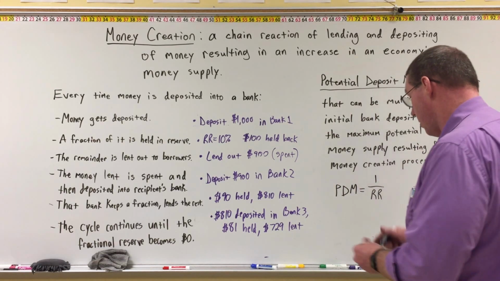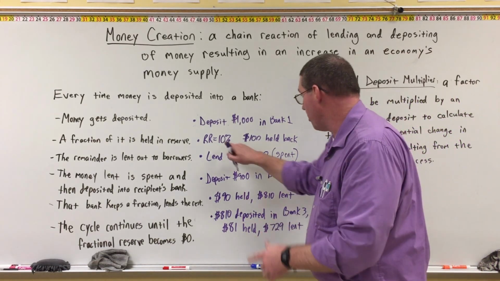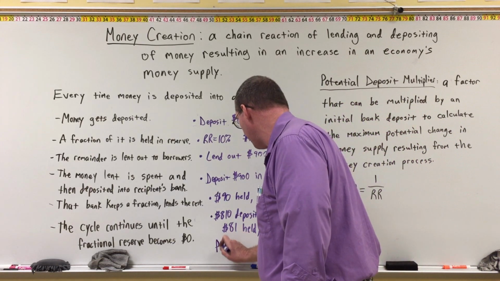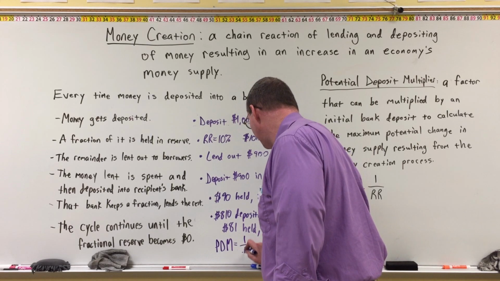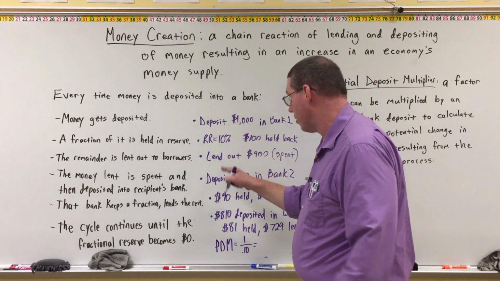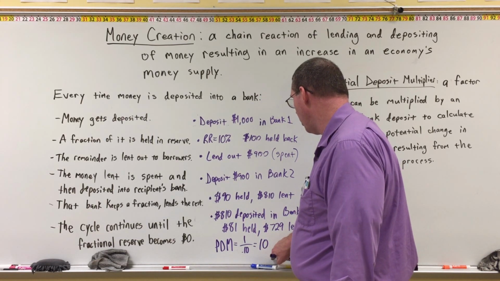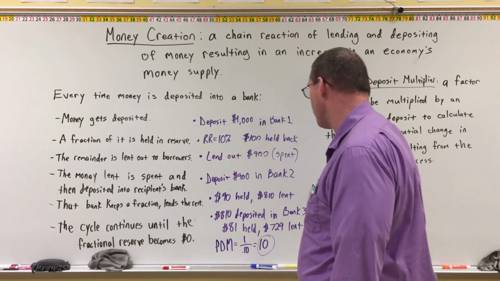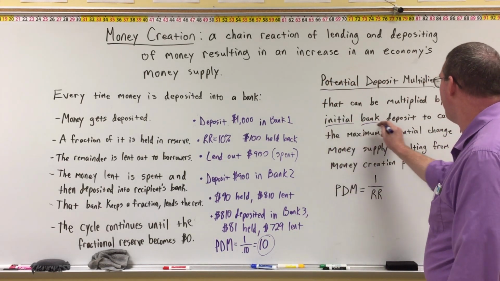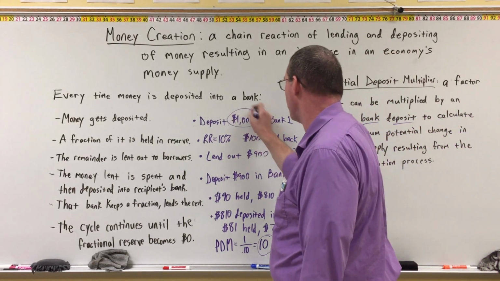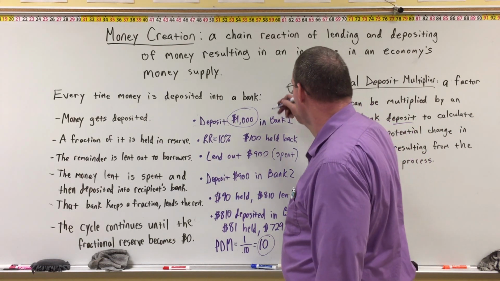So in this case, the reserve ratio is 10%, so the potential deposit multiplier is going to be equal to 1 divided by 0.10, because that's 10%. We have to turn it into a decimal. 1 divided by 0.10 is 10. And what you do is you take the potential deposit multiplier and then you multiply it by an initial bank deposit. Well, the initial bank deposit was 1,000, and 10 times 1,000 is 10,000.